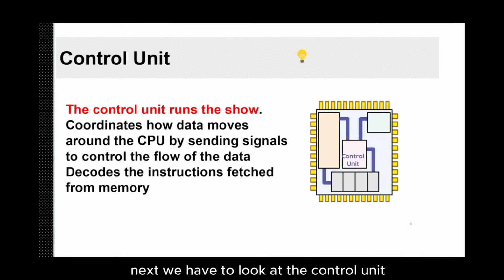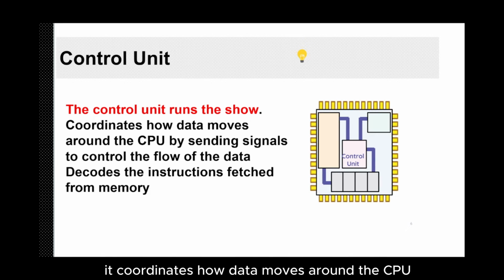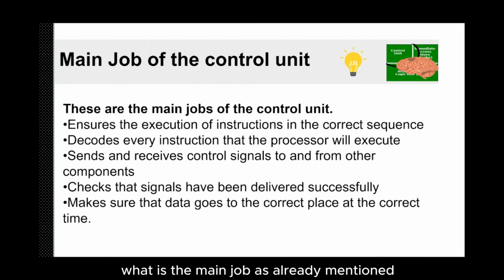Next, we have the control unit, which is the main boss. The control unit runs the whole show. It coordinates how data moves around the CPU by sending signals to control the flow of the data, and decodes the instructions fetched from memory. What is the main job?